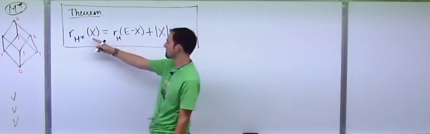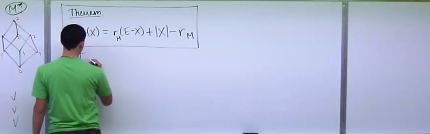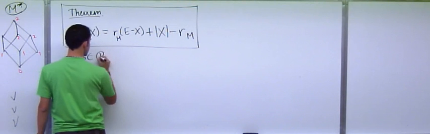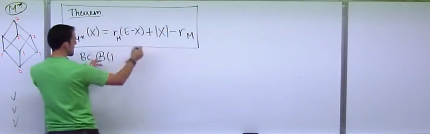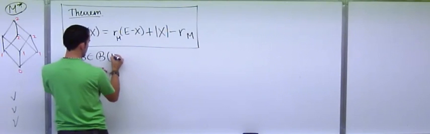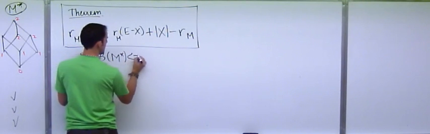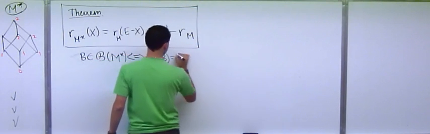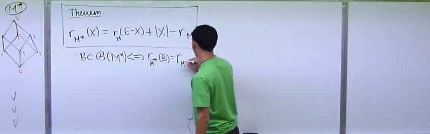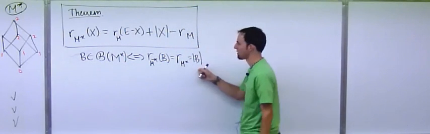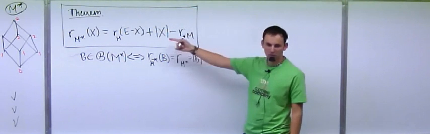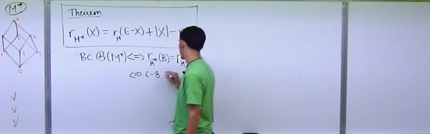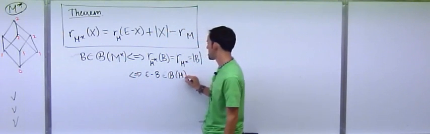So B is independent in this matroid if and only if the rank of B is equal to the size of B. Okay? And you can just plug into here and see that this is equivalent to E minus B being a basis of M.